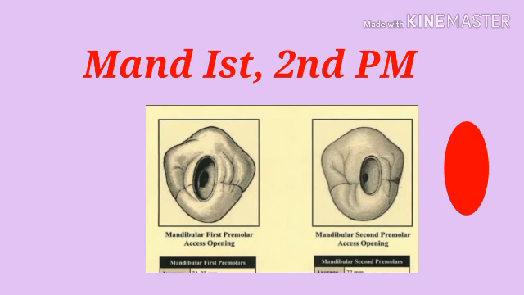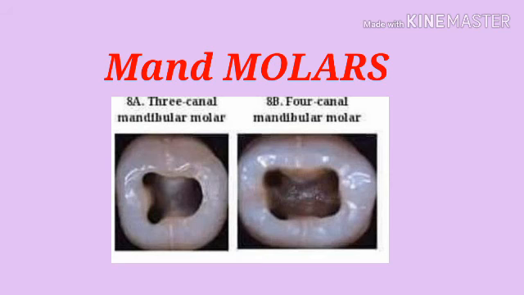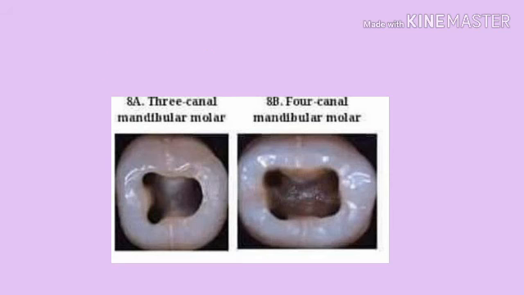In mandibular first premolar, access cavity is oval in shape and is wider mesiodistally compared to maxillary first premolar. In mandibular second premolar, same access cavity is oval in shape. In mandibular first and second molar, access cavity is trapezoidal or rhomboid in shape.